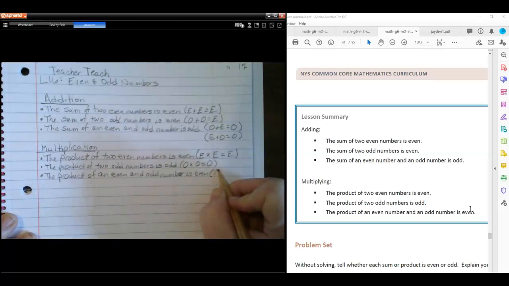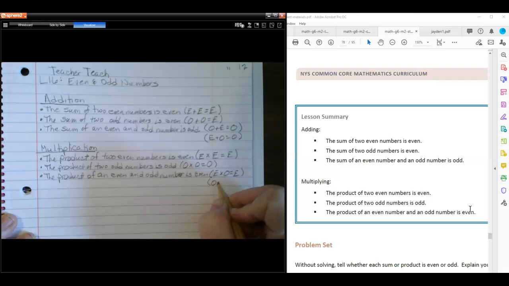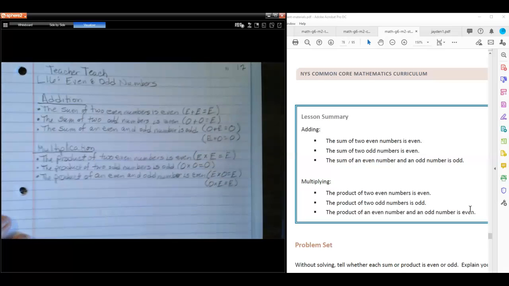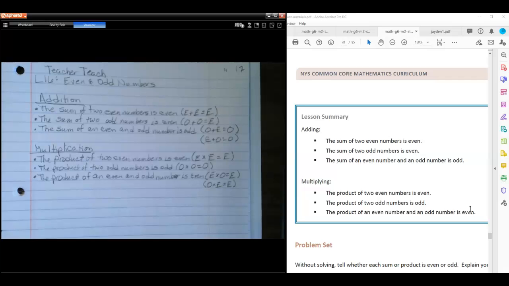So that means even times odd equals even. And it also means odd times even equals even. All right? So that is the basis of this lesson for number 16.